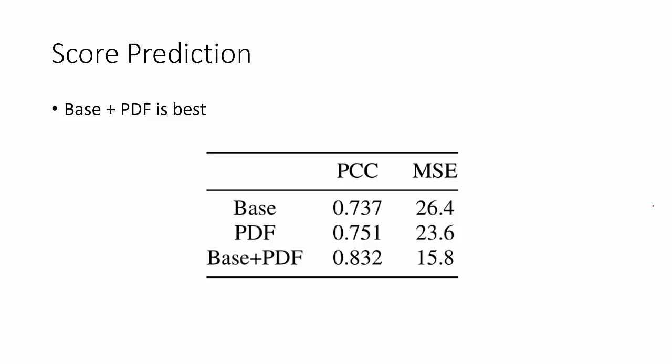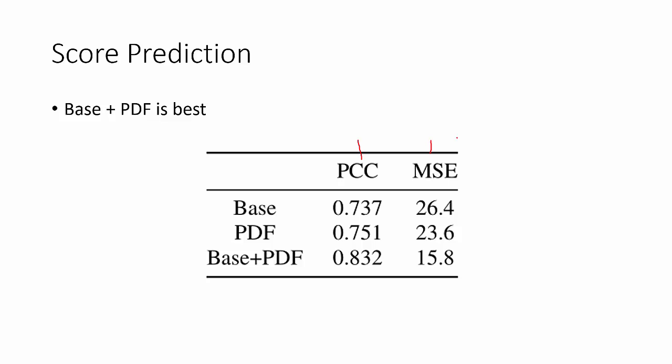The next one is score prediction. This is when you're trying to predict how well they're speaking English. Are they speaking it very well, or very poorly? Here they use 2 different metrics: first is PCC, Pearson correlation coefficient, and the second is mean squared error. Both are evaluated with respect to the ground truth.